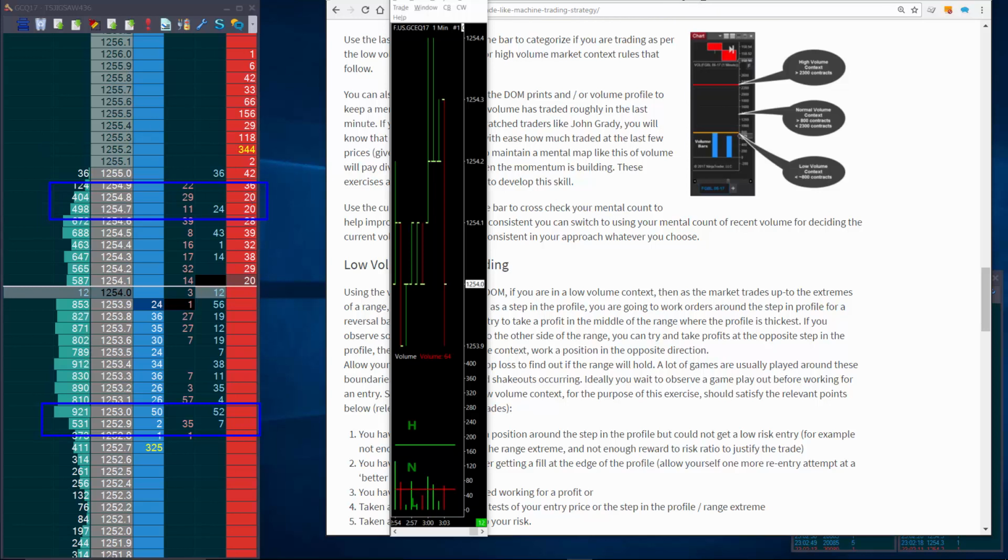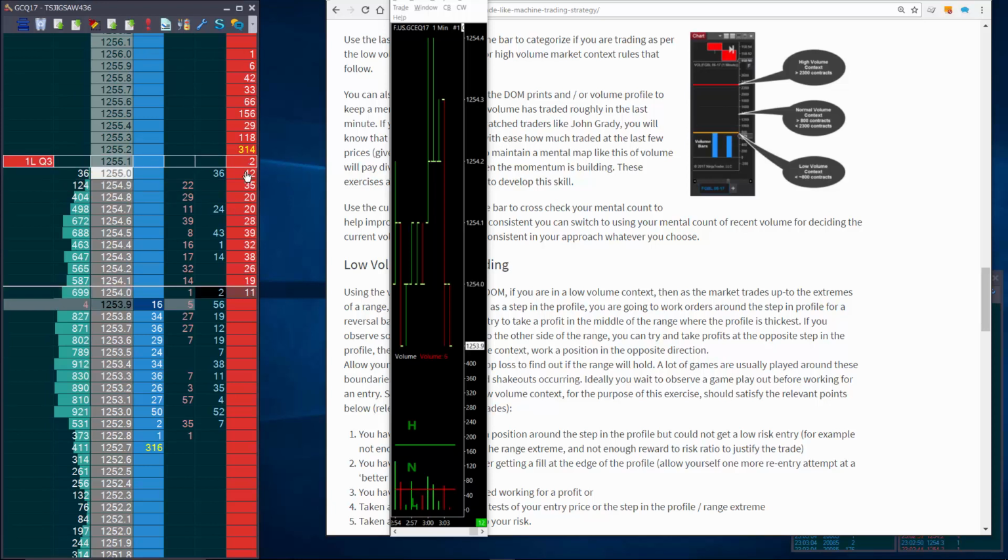If, for instance, you are working orders in this area and you get a fill, and then the market, as they say, gets in your face, you then want to be as efficient as possible exiting and minimizing the damage if the market breaks out of this profile range. And that is a successful trade.